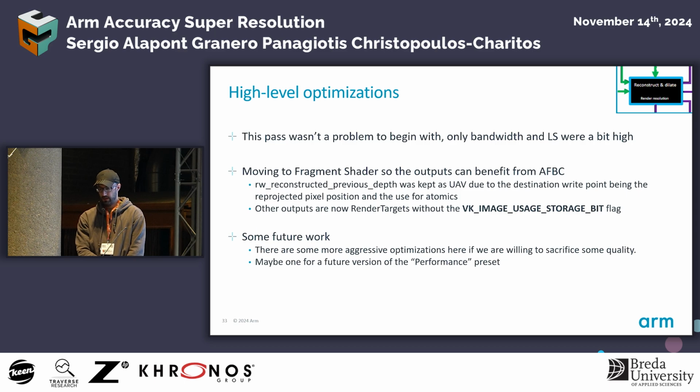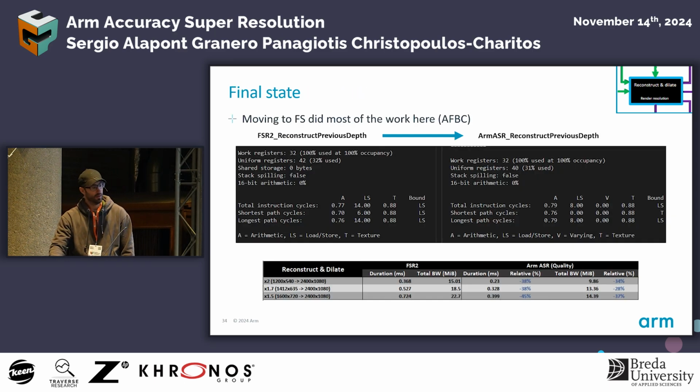By looking at the shader, we also got some additional ideas for improvements, but with a few quality sacrifices. Maybe we can do those at some point later under a special performance preset. Right, so by moving to fragment shading, we almost halve the load store instructions.